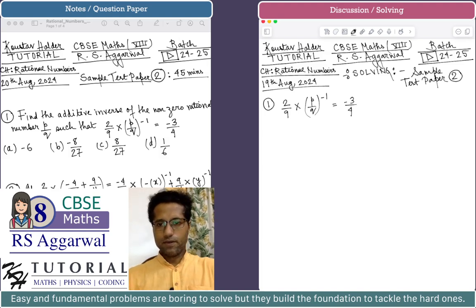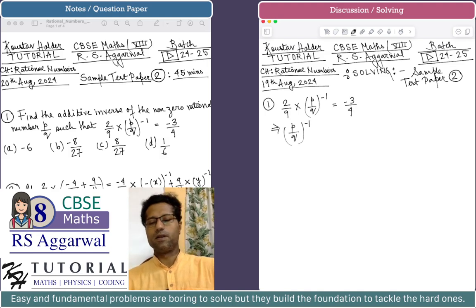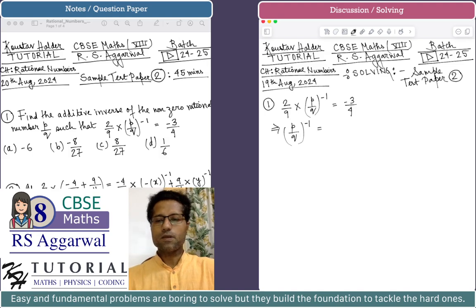Okay, from here we can say that this implies (p by q) to the power minus 1, that is the multiplicative inverse of p by q, will be equal to... The coefficient of the multiplicative inverse of p by q on the left hand side is 2 by 9. So when we find the multiplicative inverse of p by q, we will need to multiply the multiplicative inverse of the coefficient with the right hand side.